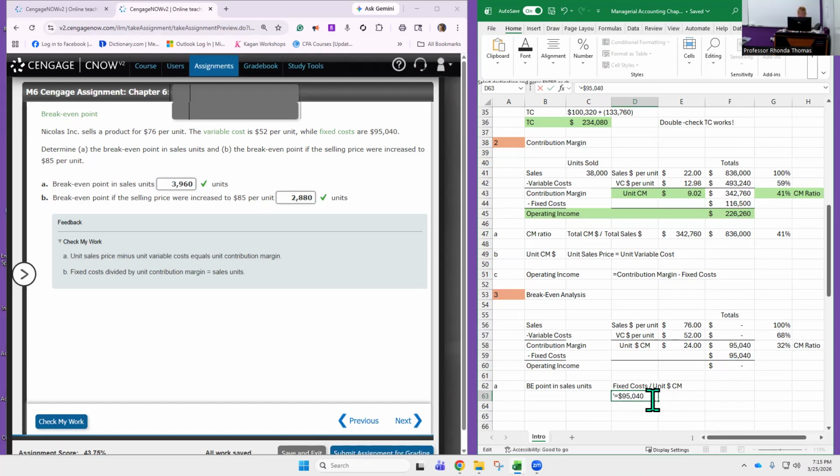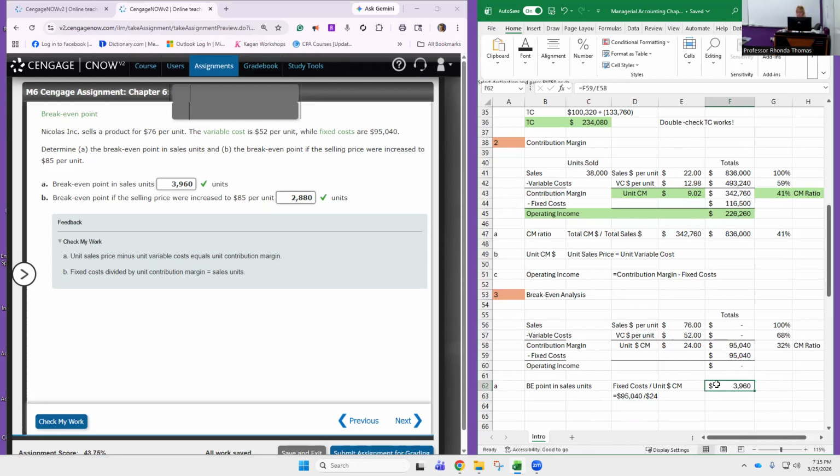And then we're going to divide that by unit contribution margin. Sometimes it's easy to get mixed up. So now we're going to divide by $24. So the number of units that we need to sell is, I'm going to do this one more time, we're going to divide by that unit contribution margin.